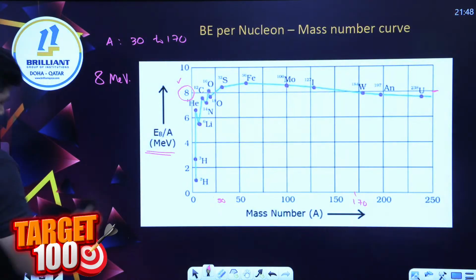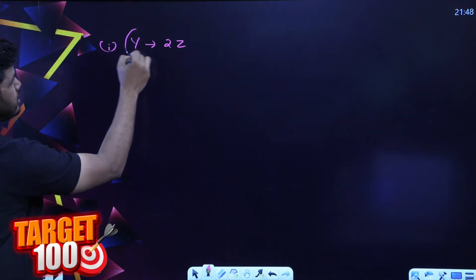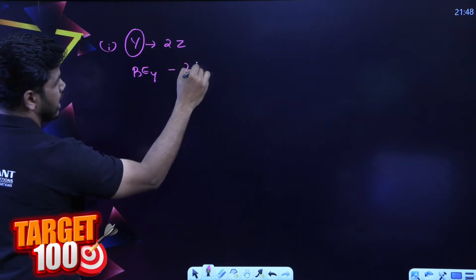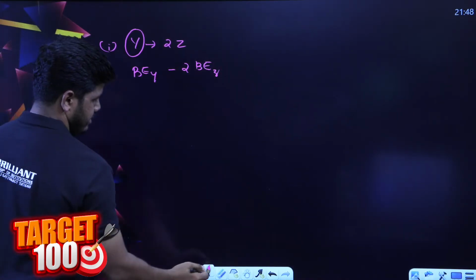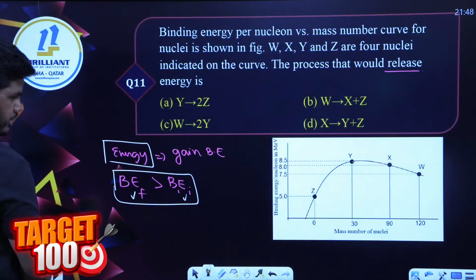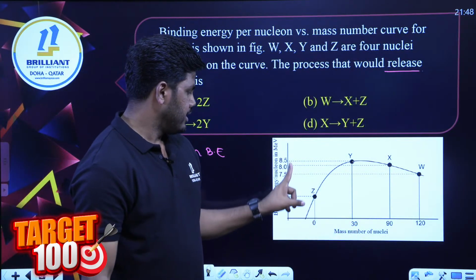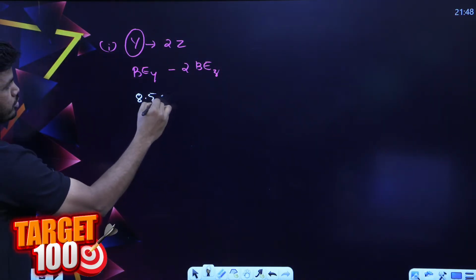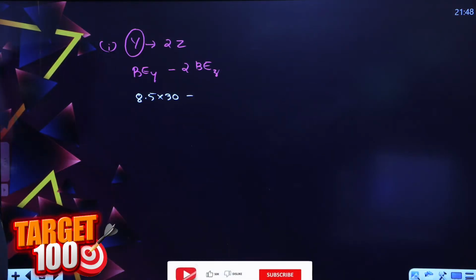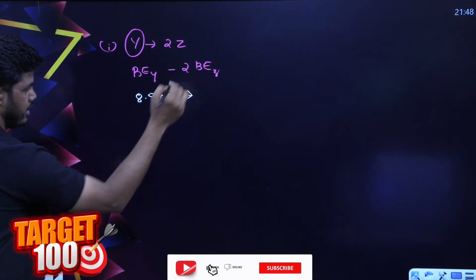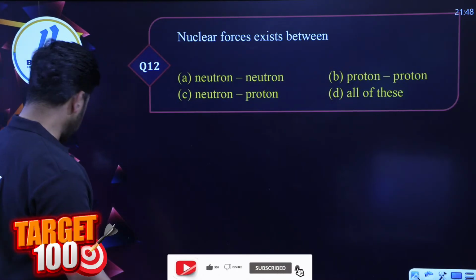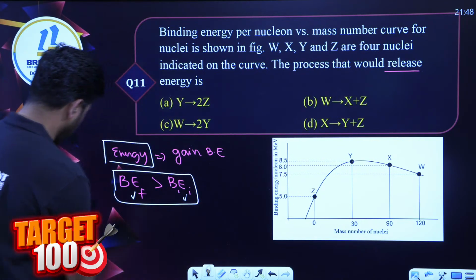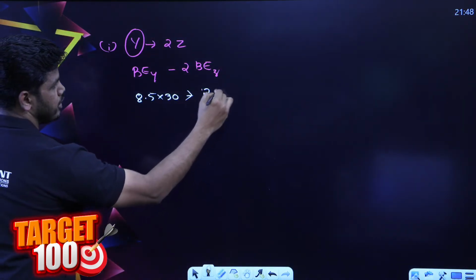Binding energy initial is the binding energy of Y. Binding energy of Y is 8.5 into 30. This is the binding energy initial. Now, what is the binding energy final? We have to find the binding energy of Z, because we are going to get 2Z. It is going to be 0. Right? 2 into 0.